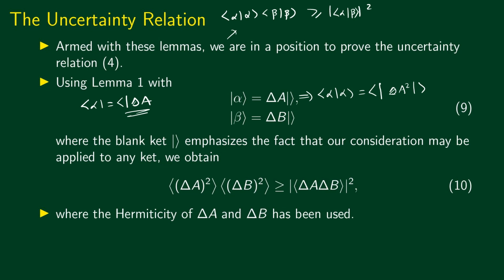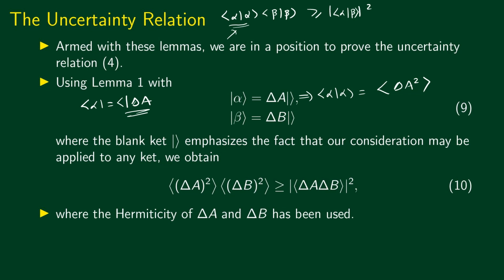This is simply the expectation value of delta A square, by the definition of the expectation value. So bracket alpha alpha becomes the expectation value of delta A square.